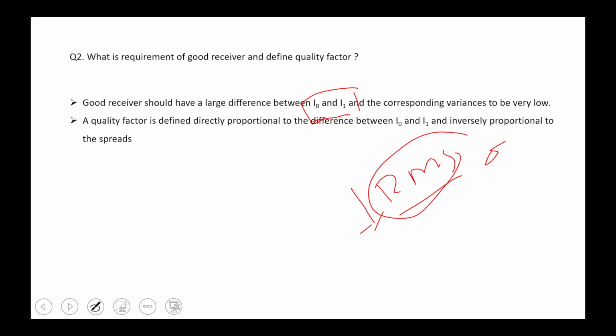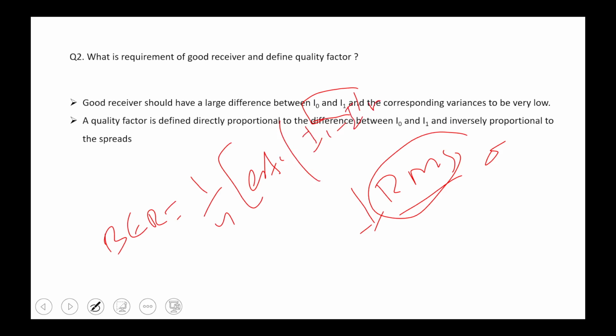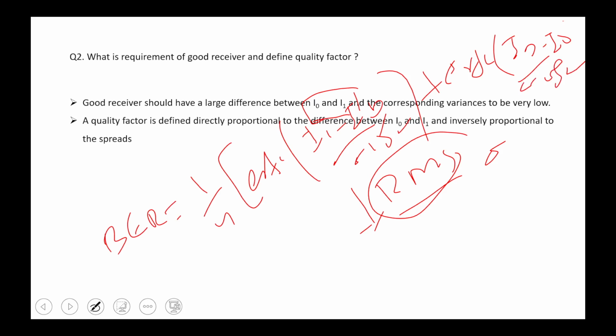So like that, our bit error rate, we have the erfc function, because we have to calculate it through the Gaussian: 1 by 4, 1 minus (ID minus I1) upon sigma 1 by root 2, plus (ID minus I0) upon sigma 0 by root 2.